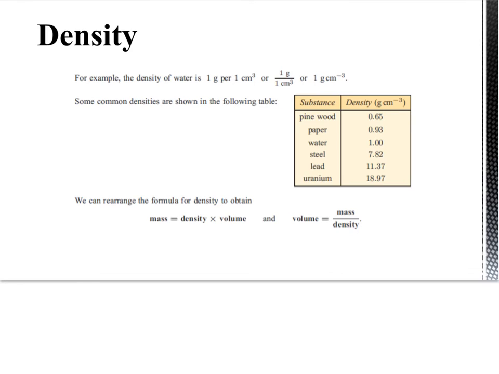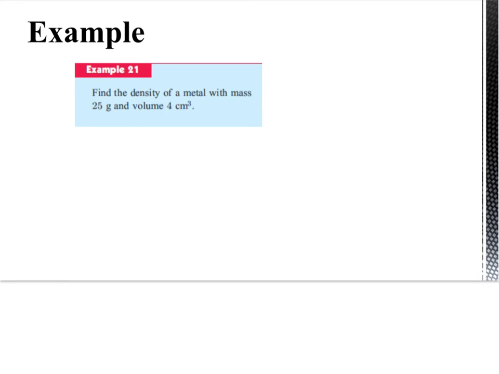So here are 2 other ways we can rearrange the formula. We can make mass equal density times volume, and we can make volume equal mass divided by density. So those are the 3 ways that our density equation can be worked out. Here's an example. It says find the density of a metal with mass 25 grams and volume 4 centimeters cubed.